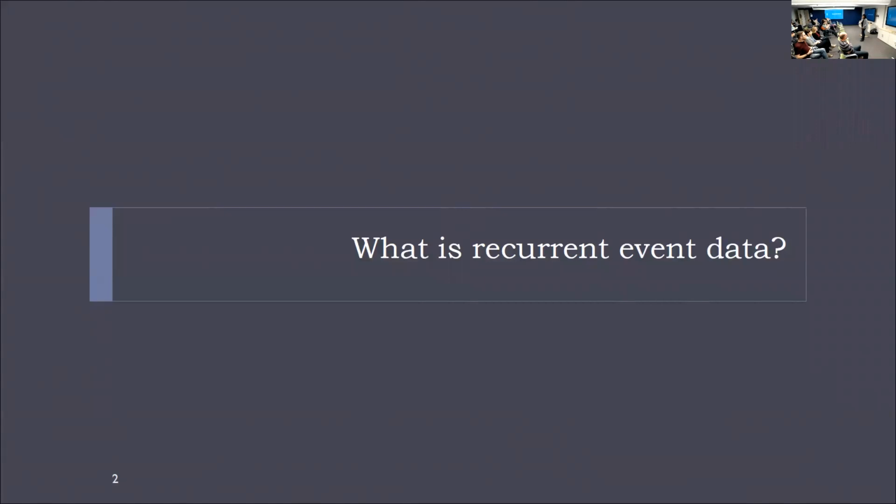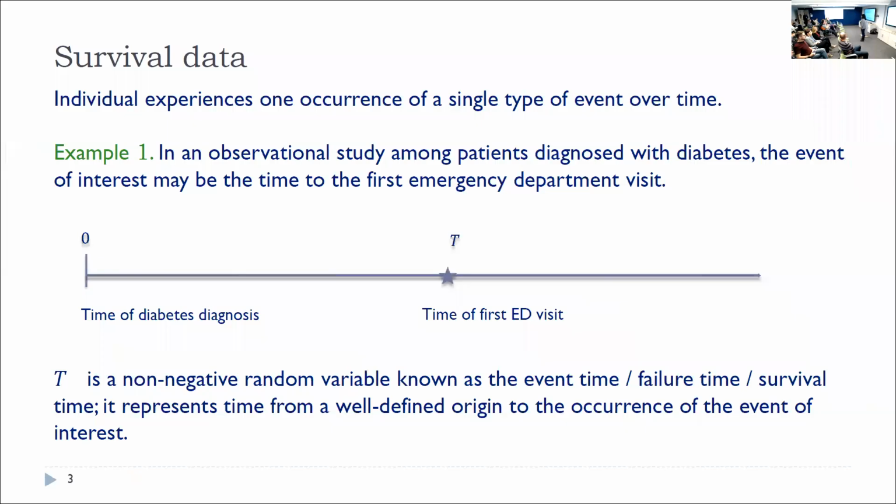So I guess the first question is, many of you may already know this, but what is recurrent event data? Let's go back to the simple setting of survival data. Survival data is when we have individuals that we start following from some common origin of time, and from that time, we follow them forward until the occurrence of a single type of event.